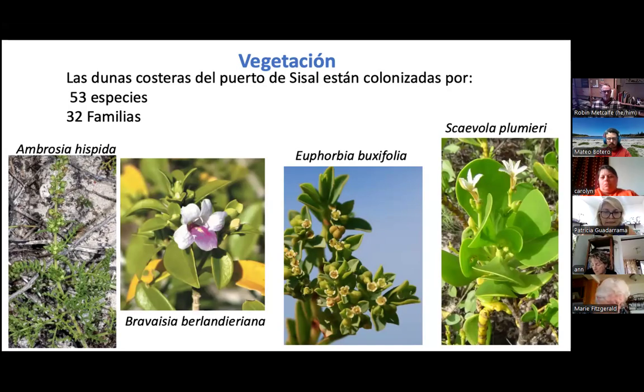You can see in this image four different species, but very important in the first dunes in Sisal: Ambrosia, Bravaisia, Euphorbia, Scaevola.